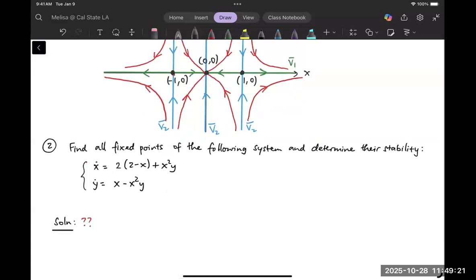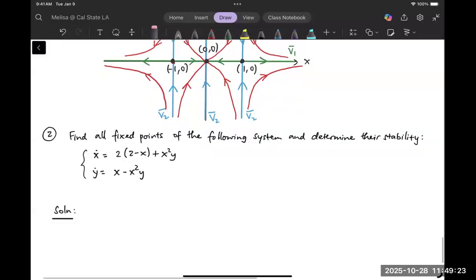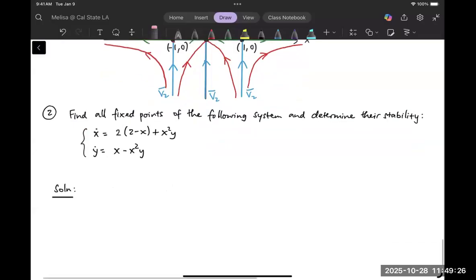All right, so fixed point, set the derivative equal to 0. You can choose whether you want to start with dx dt or dy dt first. Looks like dy dt is probably a bit simpler, so I'm gonna take this dy dt and set it equal to 0.